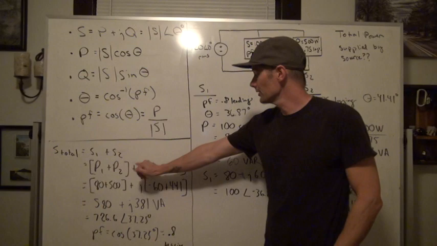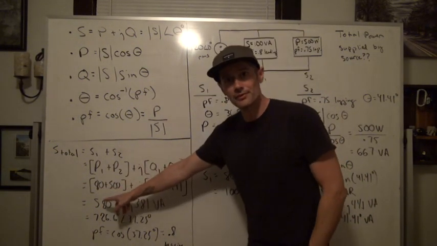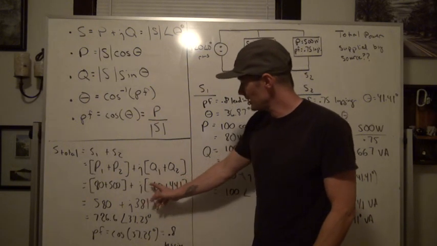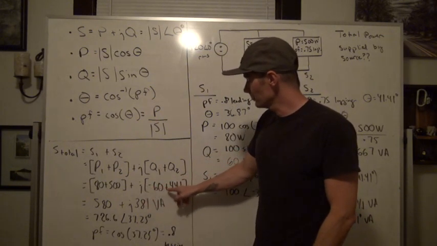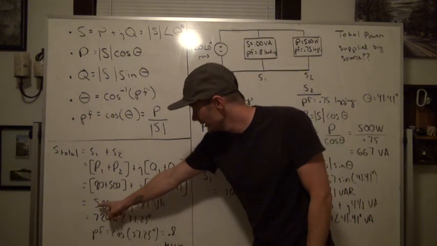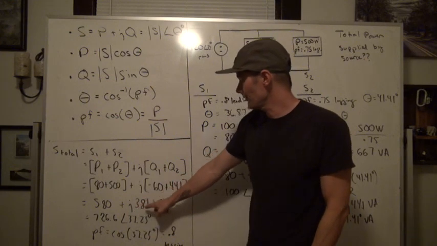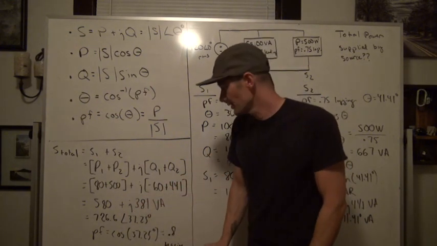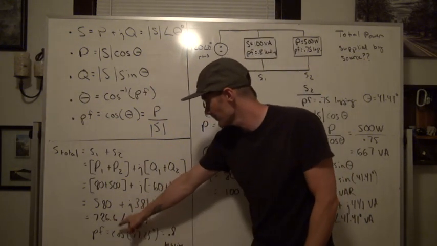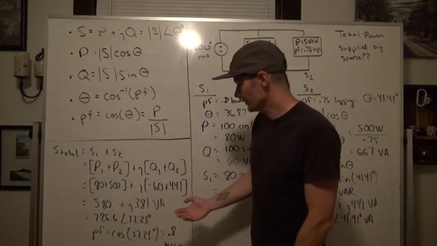P1 plus P2 plus j(Q1 plus Q2), so we've got 80 watts plus 500 watts, plus j(negative 60 var plus 441 var). And so the total that we get here is 580 plus j381 volt amperes, or 726.6 at an angle of 37.25 degrees volt amperes.